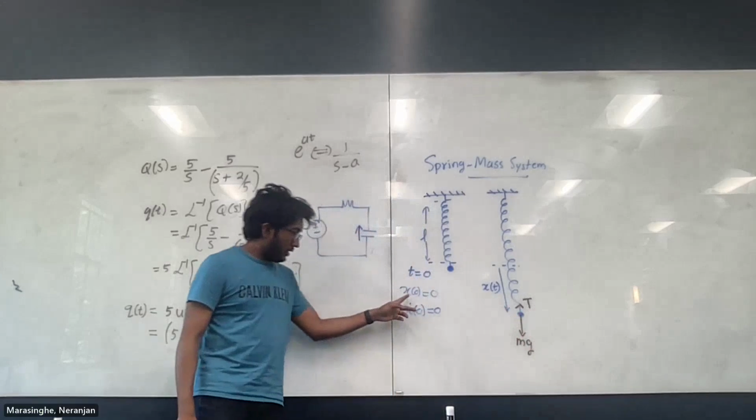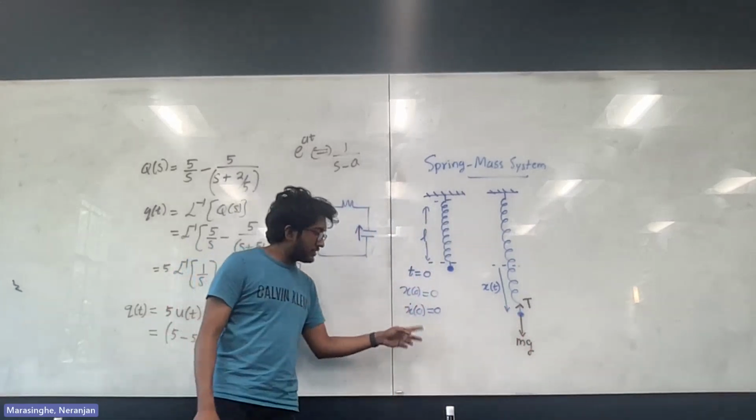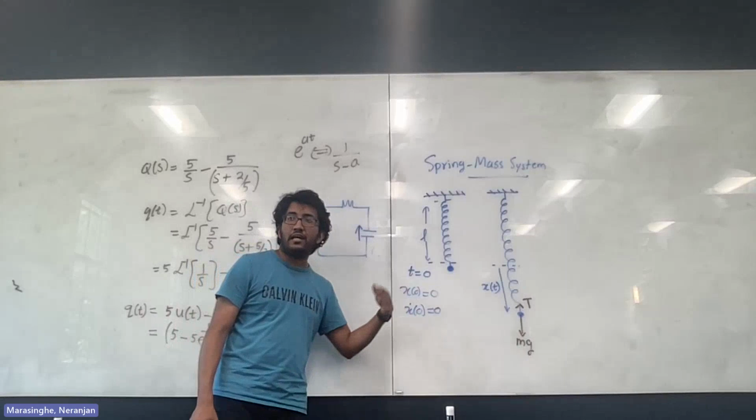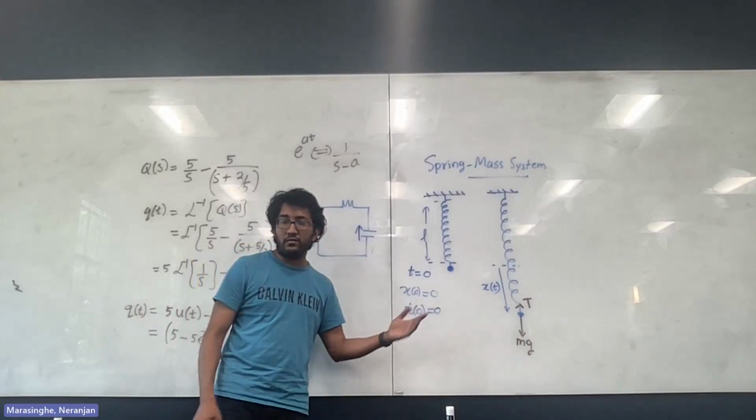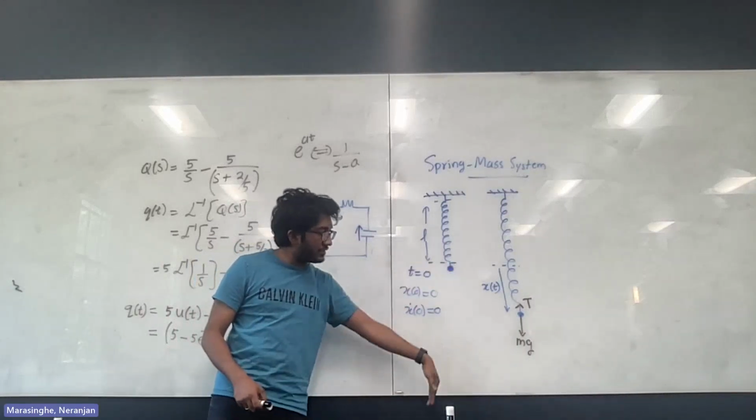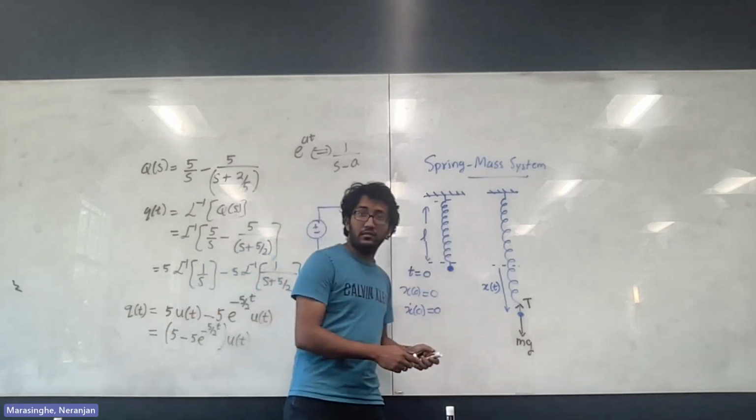So x is the position, x dot is the velocity. So what is the acceleration? It's x double dot, right? So next I'm going to apply F equals ma downwards, right?